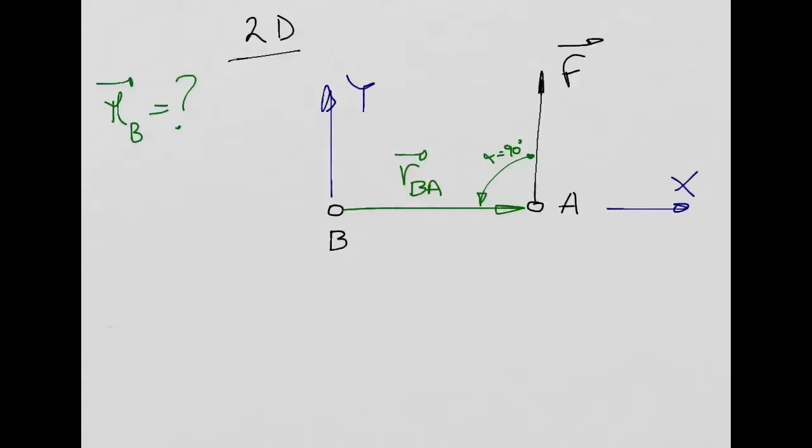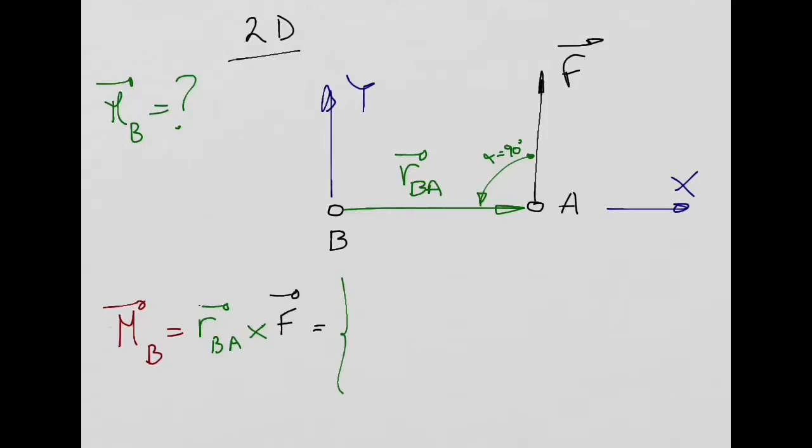So if I calculate my moment about point B, I'm going to write first the position vector, this one in green, okay? The moment is always the position vector cross product with the force vector. So the moment is going to be RBA cross product with the force vector F. Now I need to write the position vector RBA.